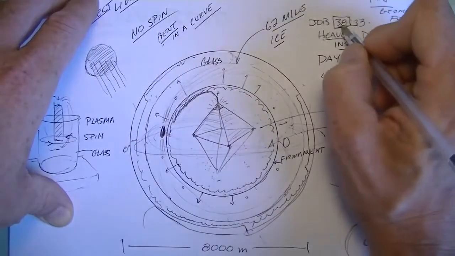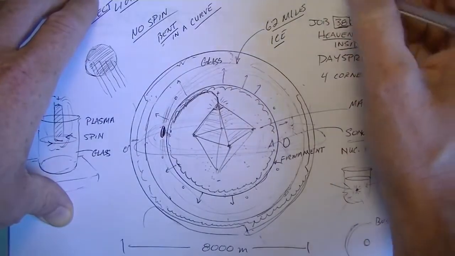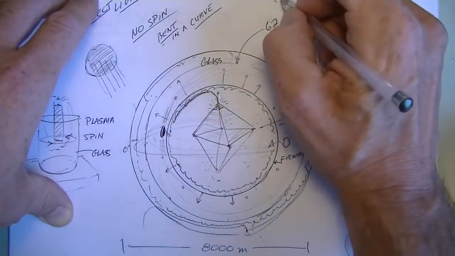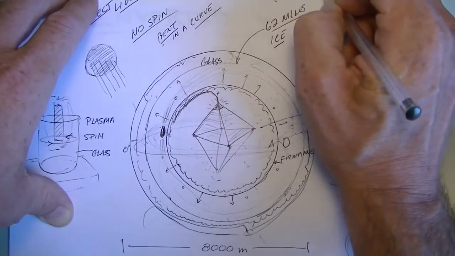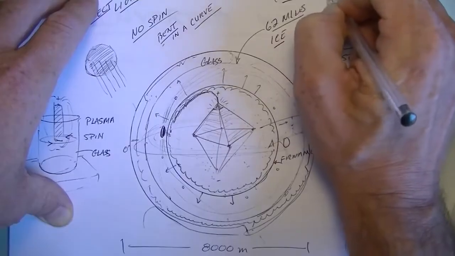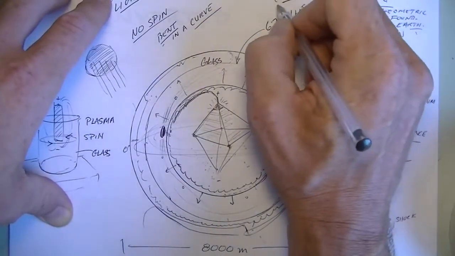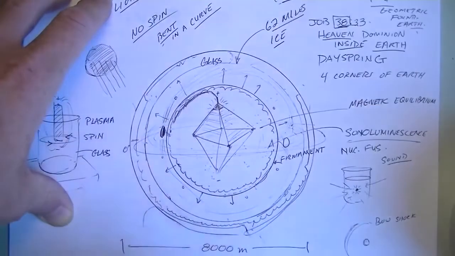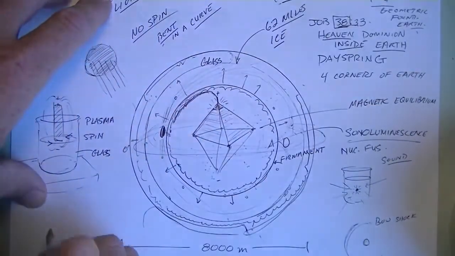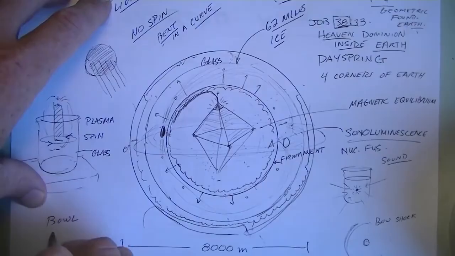Going back to Job 38, verse 22, verse 29, it's called the hoary frost of heaven. Now the word hoary frost in Hebrew actually connotates that word with the image of a bowl or a basin.